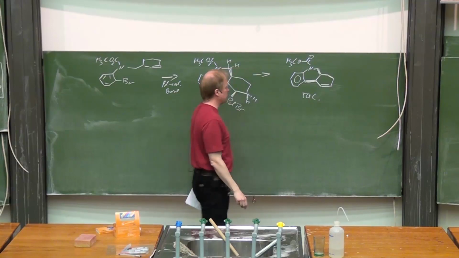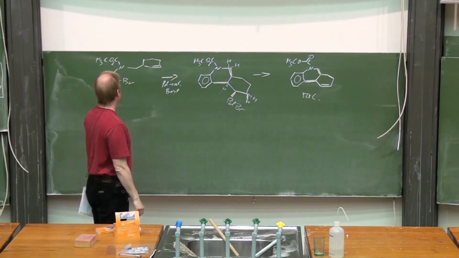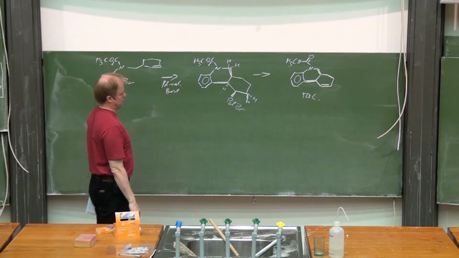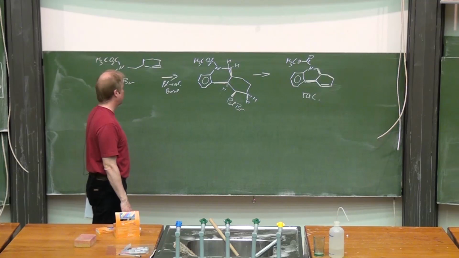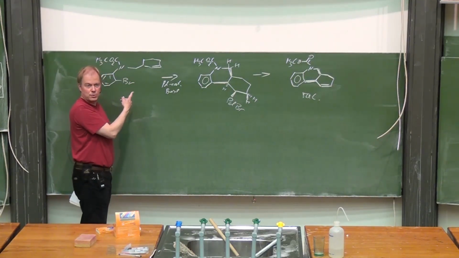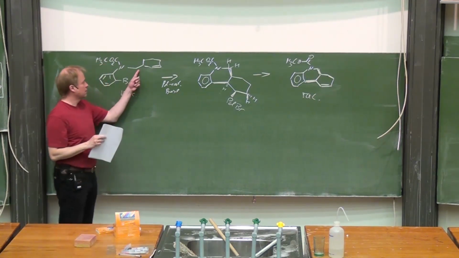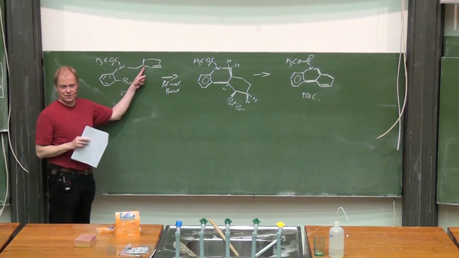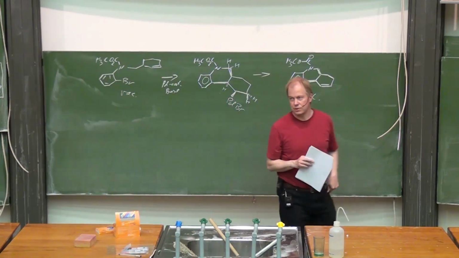And this should be then, well, the racemic product, if we started, of course, with a racemic one. If we start with one enantiomer, we would also get one enantiomer here.